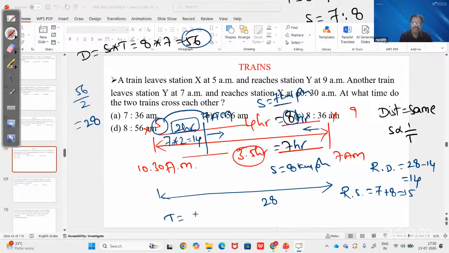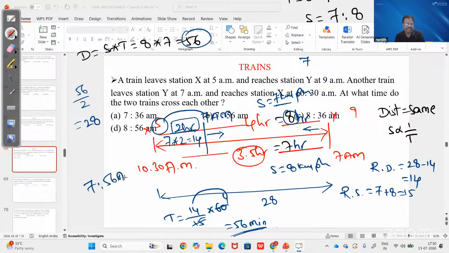So time equal to distance by speed, 14 by 15, where time equal to 1 hour equal to 60, 15 fours are 60, 14 fours are 56 minutes. After 7 a.m., these two trains will meet after 56 minutes. So the answer will be equal to 7:56 a.m.